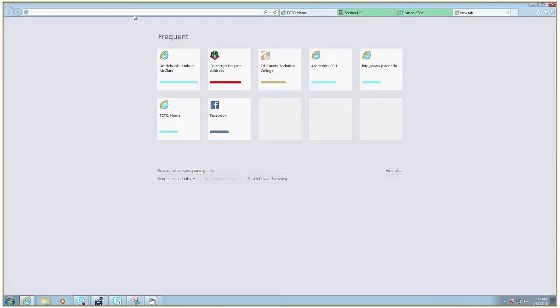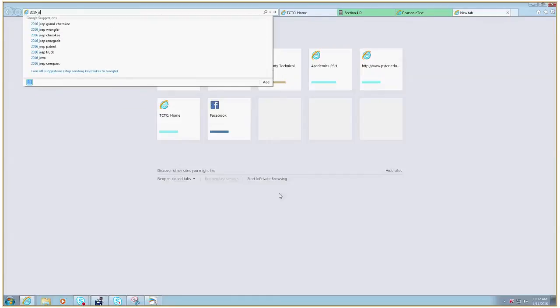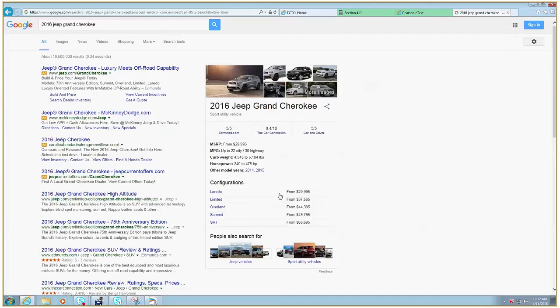All right, tell me again what you're talking about now. It's the SRT, 2016 Jeep Grand Cherokee. Well, here it is right here. There's the base price. That ain't what you want. Go back.